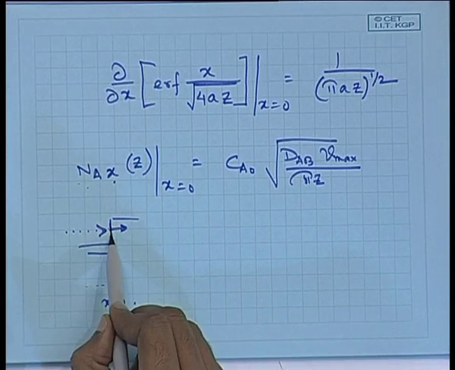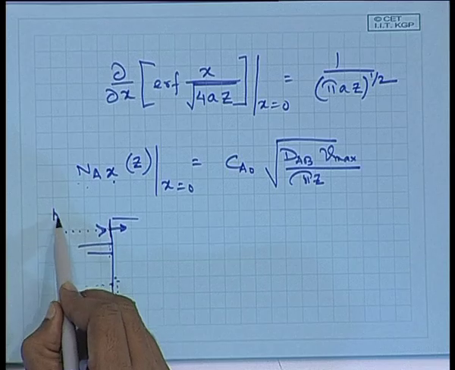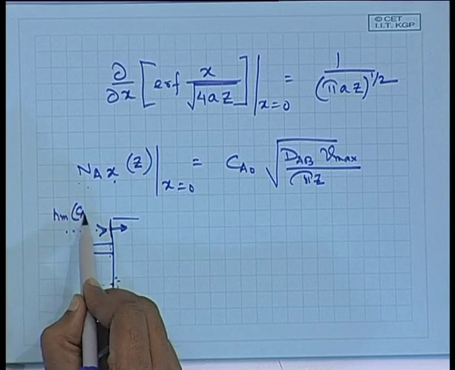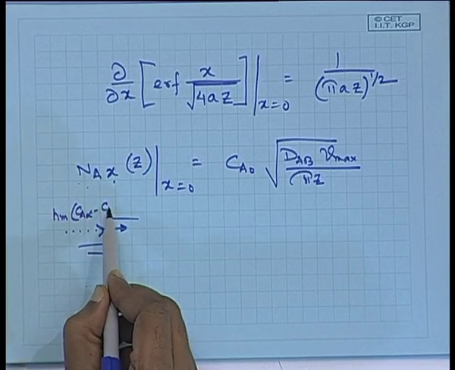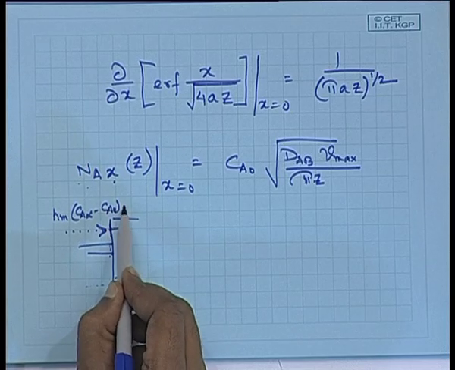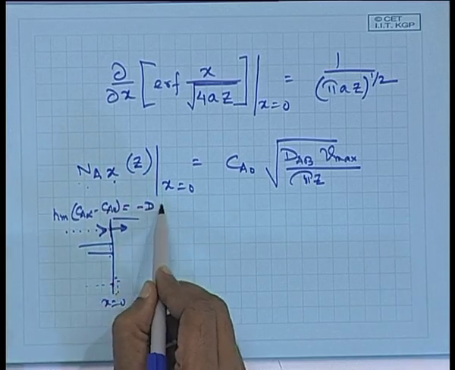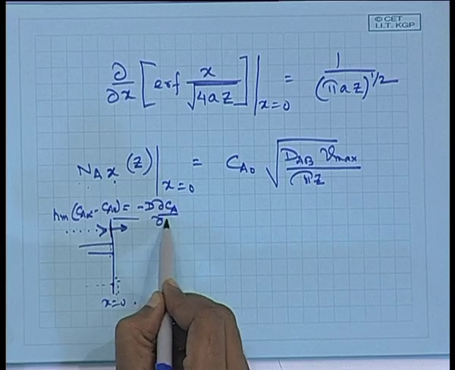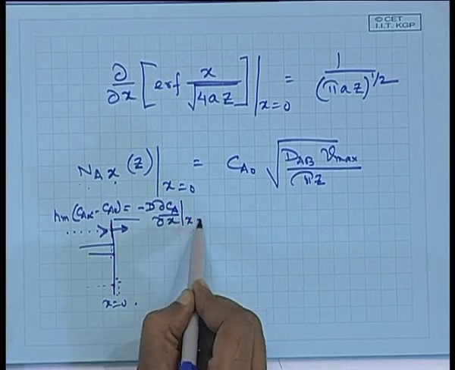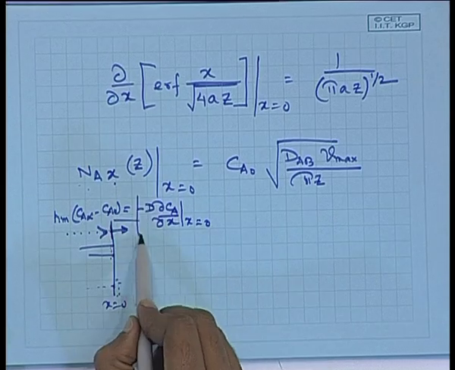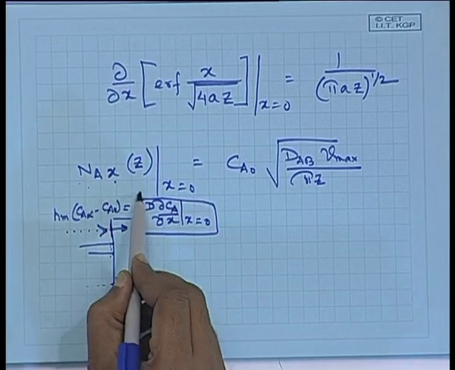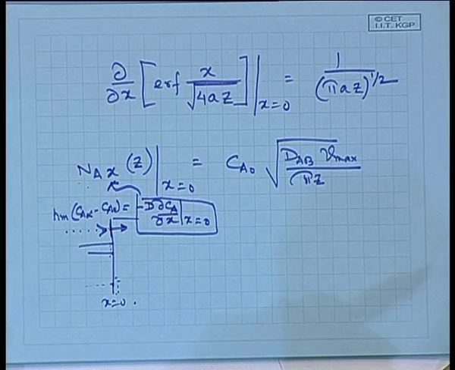So, this is my control surface. On this side, I probably have some HM times C A infinity minus C at the interface, which is C A 0. This should be equal to minus D times del C A del x evaluated at x equal to 0. So, I am evaluating this part to find out what is N A Z.